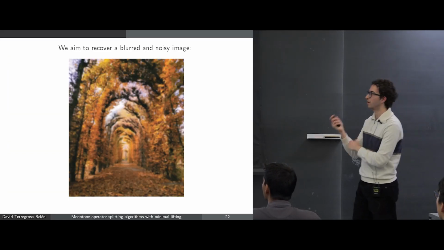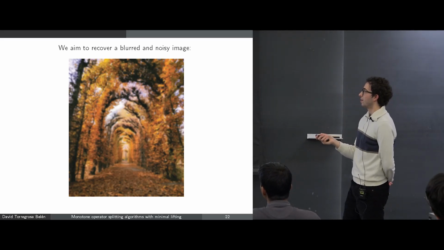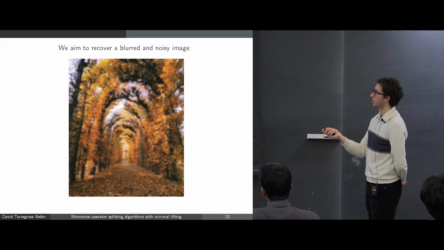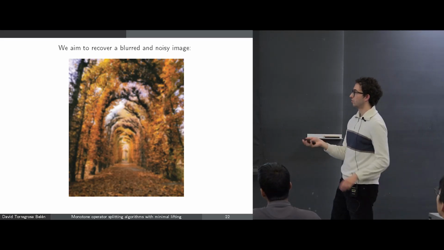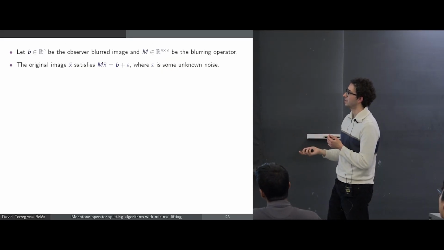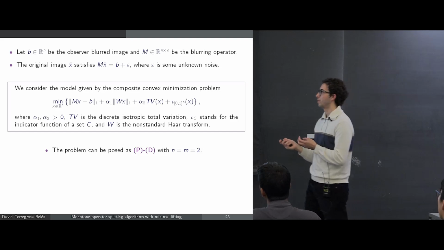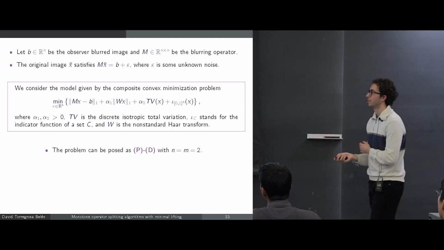Okay, and just to conclude, I want to give some numerical examples. This is a picture that I took in Vienna that you saw before, and it is blurred and noisy. So we want to recover the original one, and this can be done with the problem that I wrote in the first slide.